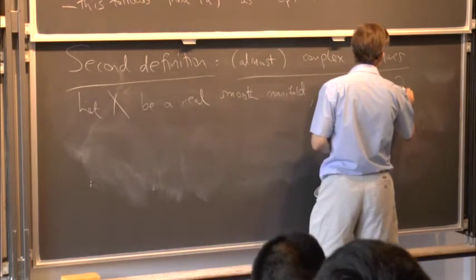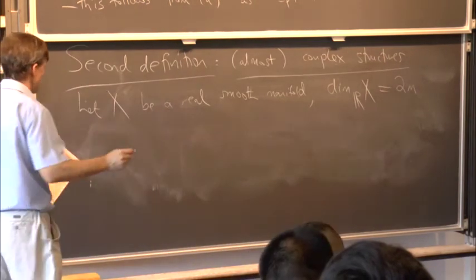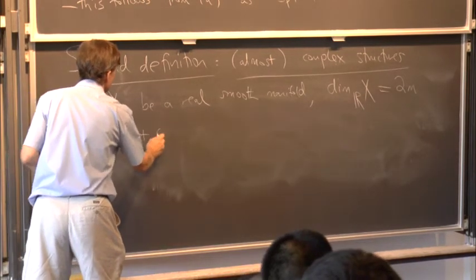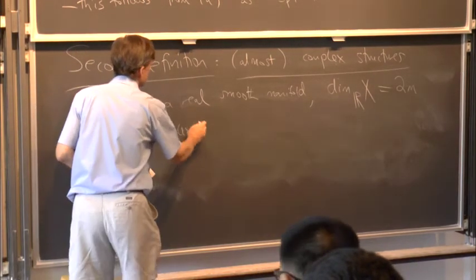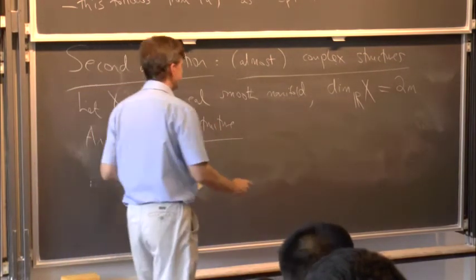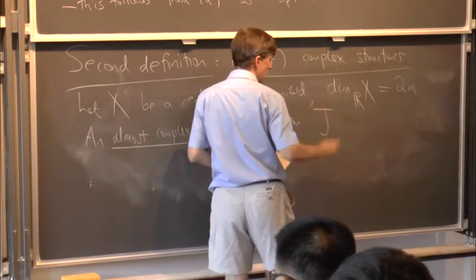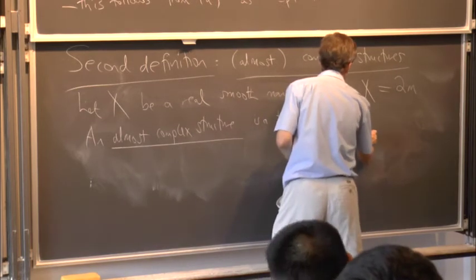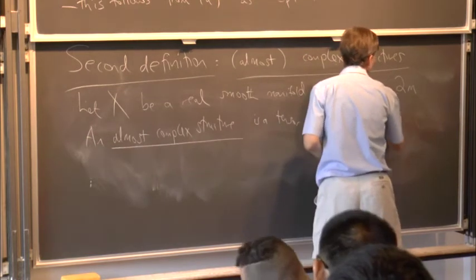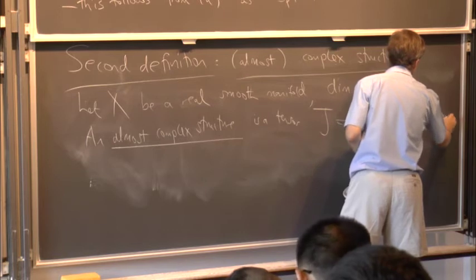Let's take it to be 2m, so m will be the complex dimension of X. Then an almost complex structure is a tensor J. In index notation, it's J_a^b, in the smooth sections of the tangent bundle tensored with the cotangent bundle.